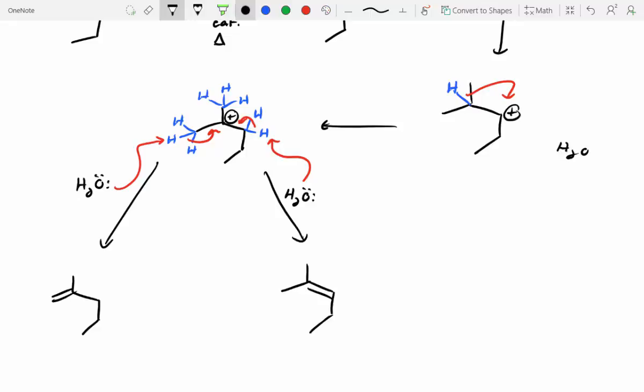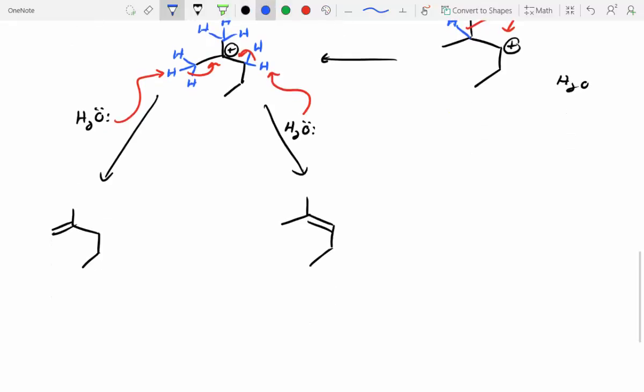All right, which one of these do you think is going to be our major product? The one on the right? Why is that? It's a Zaitsev product. So Zaitsev product is going to be favored. However, we will observe some Hofmann, and this will be our minor product. Pretty straightforward, right?